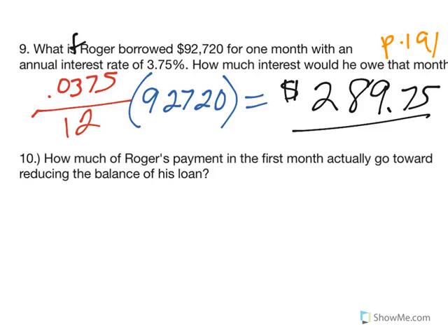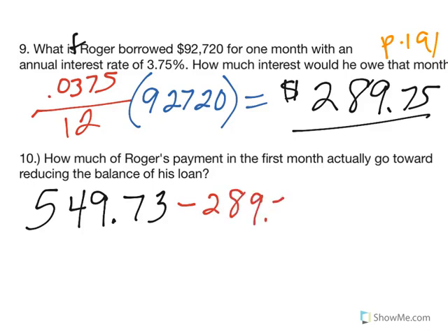Now in question 10, how much of Roger's payment in the first month actually goes towards reducing the balance? Well, if you remember, Roger is paying a house payment of $549.73. And if you take away the interest, the $289.75, that will tell you how much is going towards the principal.